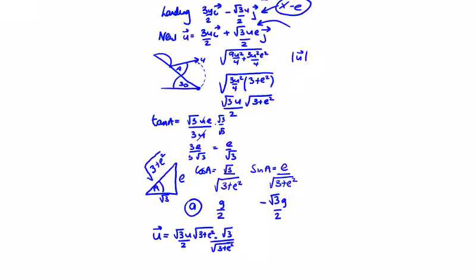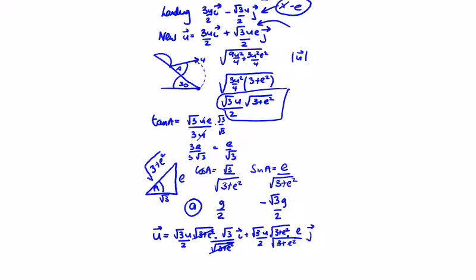So that's u cos a in the i direction plus u sine a in the j direction, root 3 u over 2 by the square root of 3 plus e squared, that's my u, times the sine of a, which is e over the square root of 3 plus e squared in the j direction.